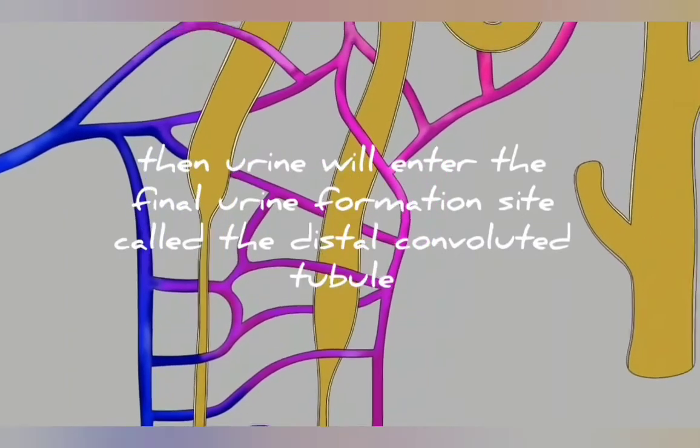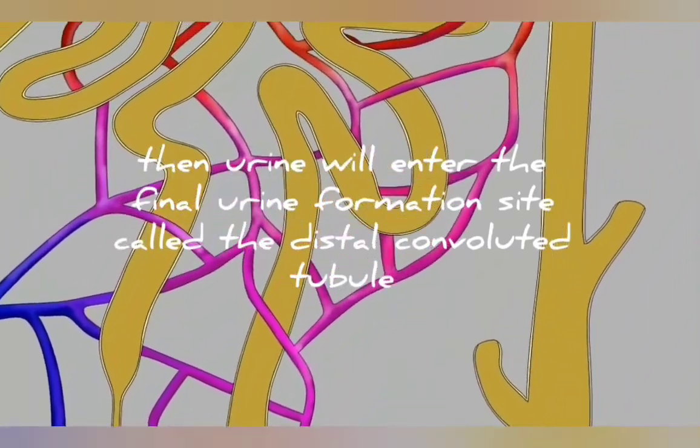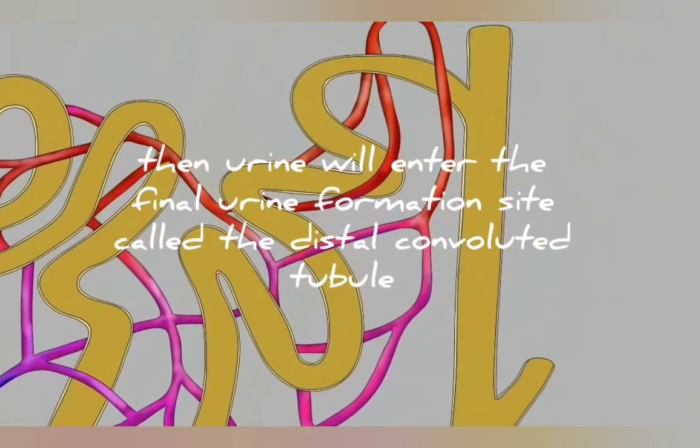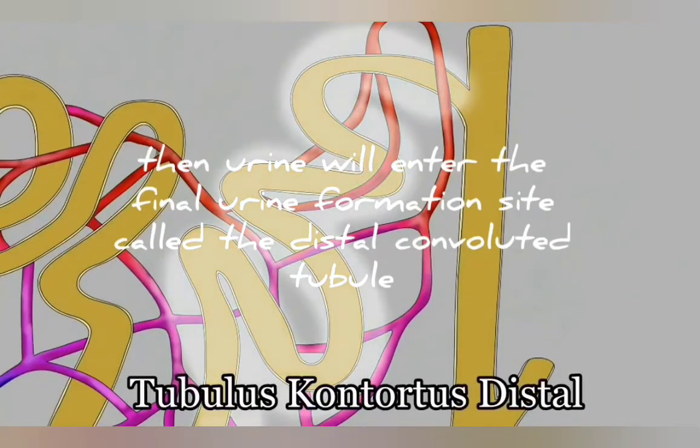The urine will enter the final urine formation site called the distal convoluted tubule.